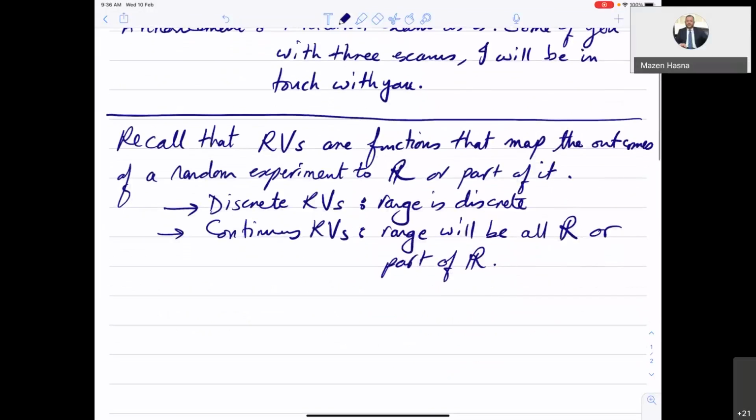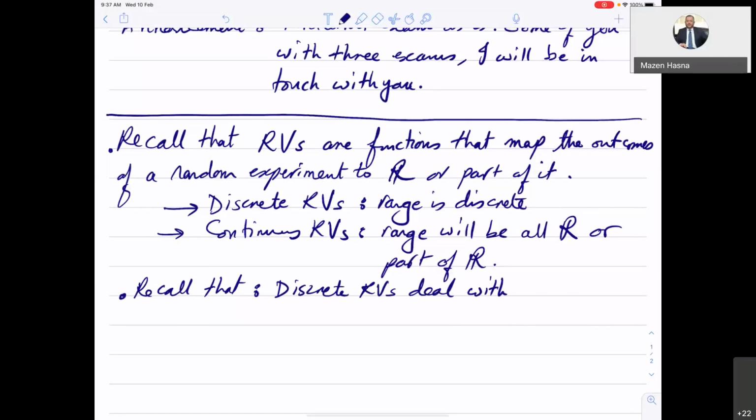Okay, and also recall that in general, when we started talking about randomness, we said discrete random variables deal with things that are counted.